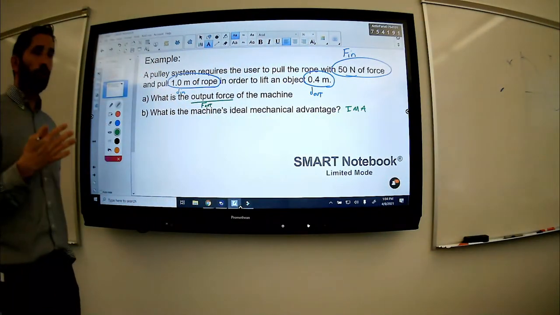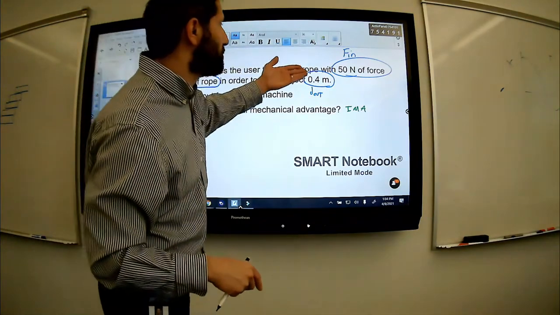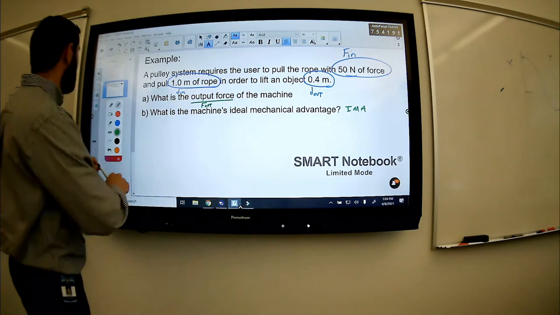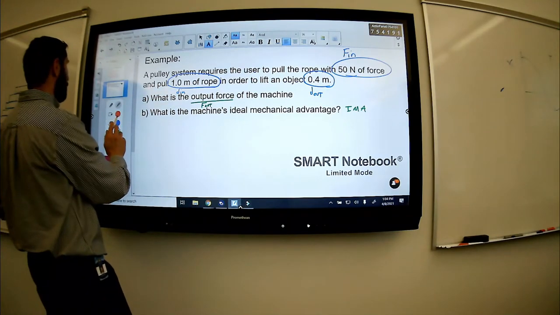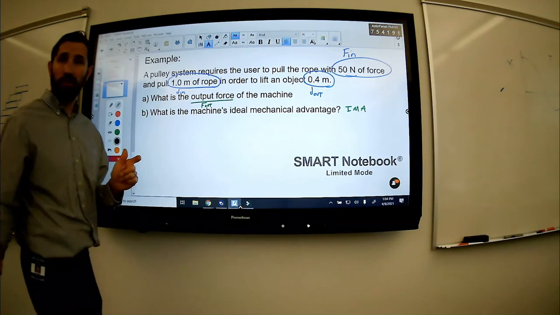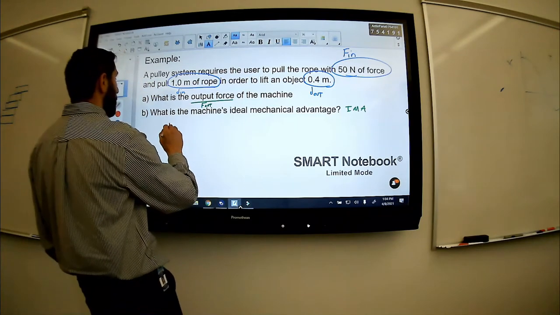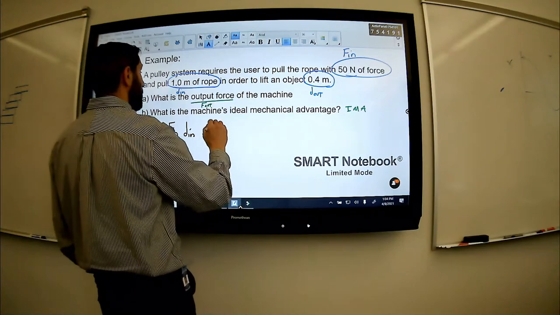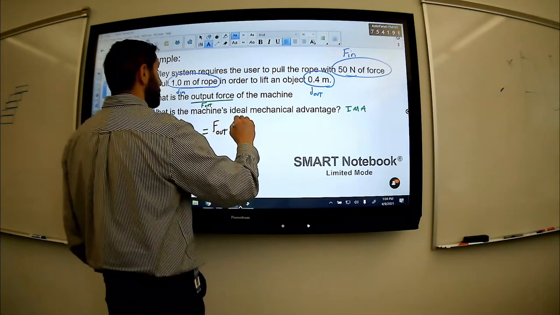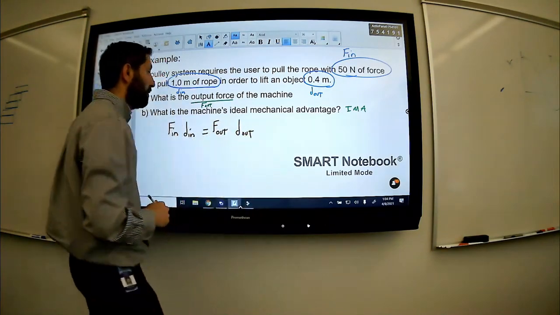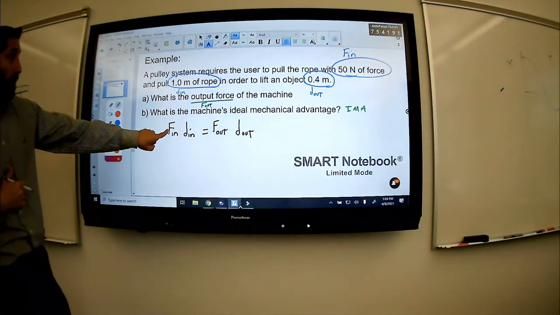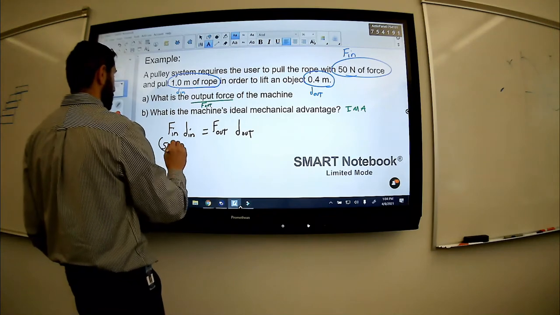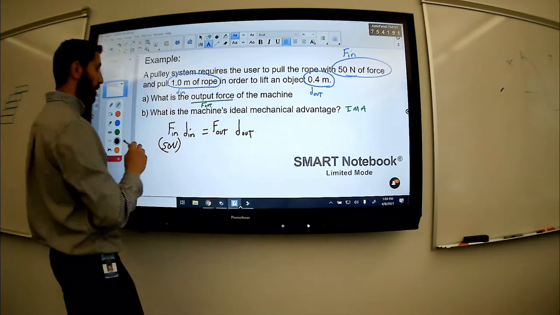You'll notice we know the input force and the input distance, and we know the output distance. So we know the work in and the work out are ideally the same. So I'm going to say F in times distance in equals F out times distance out. F in is 50 newtons. Distance in is 1.0 meters.